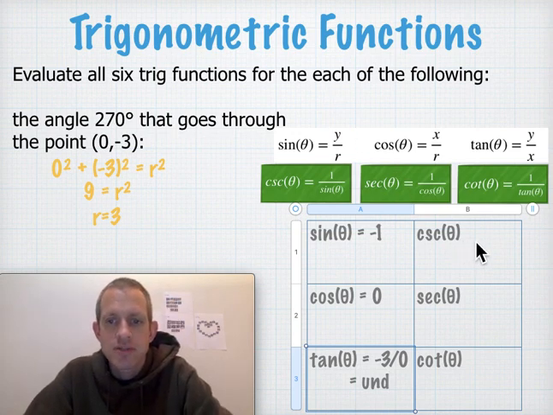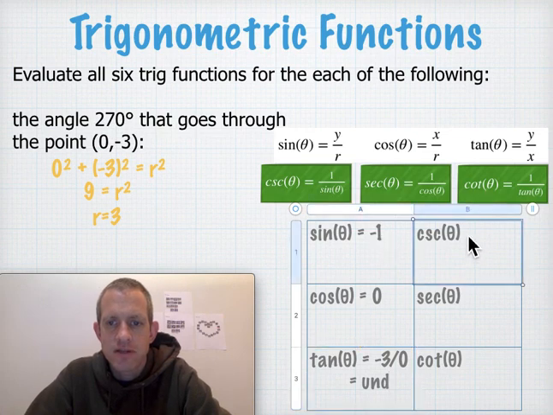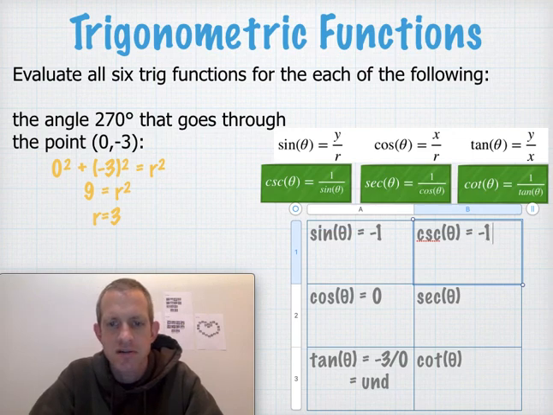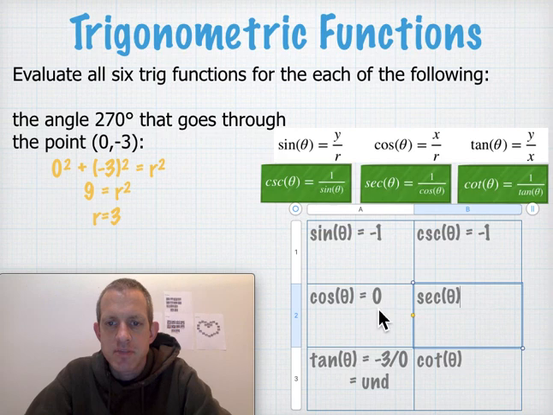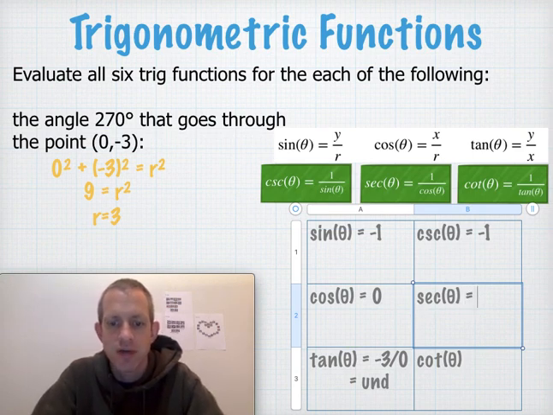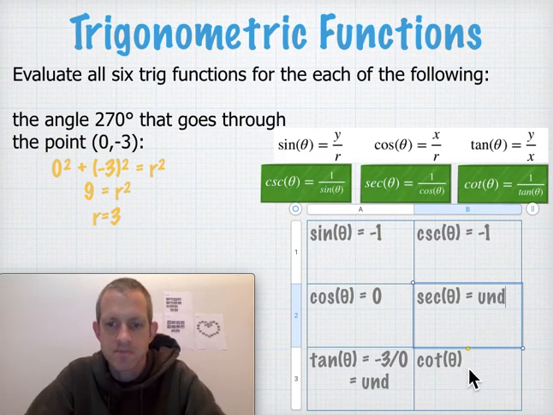When we try to reciprocate each of these, the reciprocal of -1 is still -1. And so cosecant of 270 would be -1. The reciprocal of 0, remember this was originally 0 divided by -3. When we try to reciprocate that, now we have -3 divided by 0, and so that is undefined.